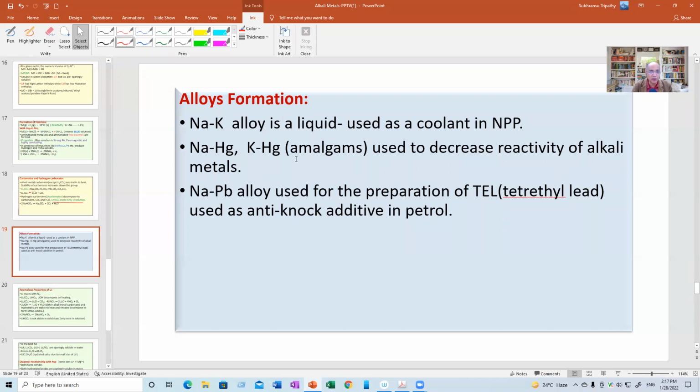Sodium amalgam, potassium amalgam, these amalgams are made deliberately to reduce the high reactivity of alkali metals. Sodium lead alloy was used to prepare a very environmentally unfriendly material, tetraethyl lead, from ethyl chloride with lead.